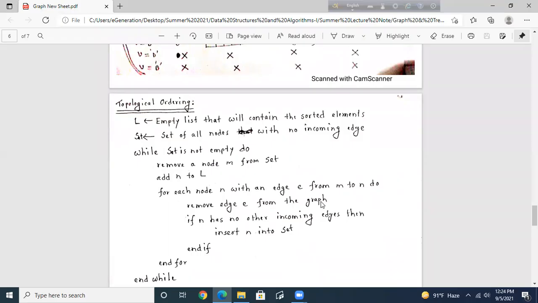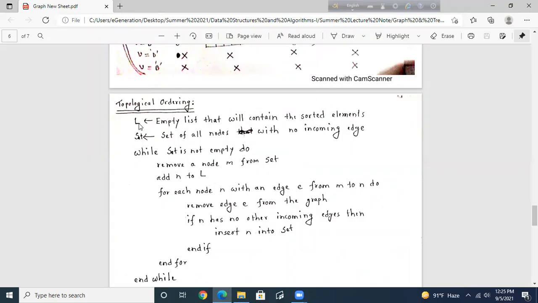তো এই হচ্ছে মোটামুটি কথাবার্তা। এখানে অ্যালগরিদমটা কিভাবে কাজ করে, বলছে L equals empty list that will contain the sorted elements. At first you have to take L. What is L? L initially is empty.